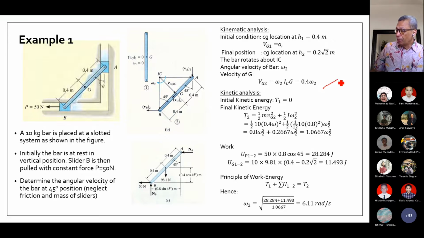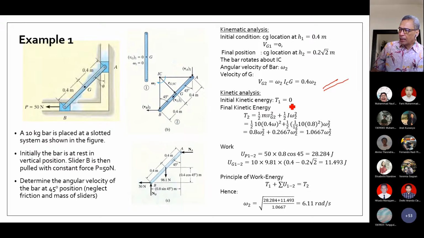So now we already know the motion of this bar. It rotates about this point. Once we know the omega, the angular velocity of this rigid bar, then we can find the velocity of B, velocity of A, and also velocity of G. Then kinetic analysis.